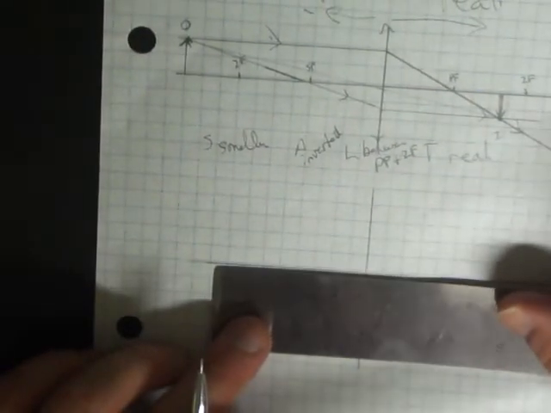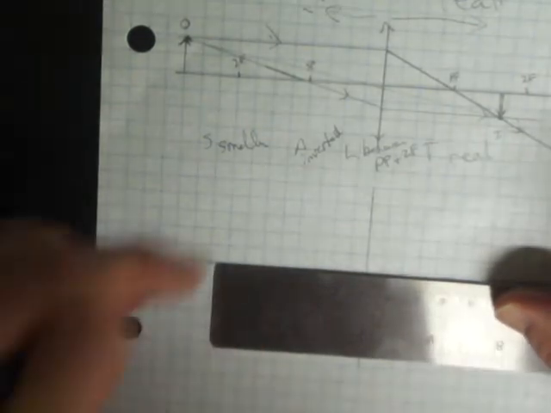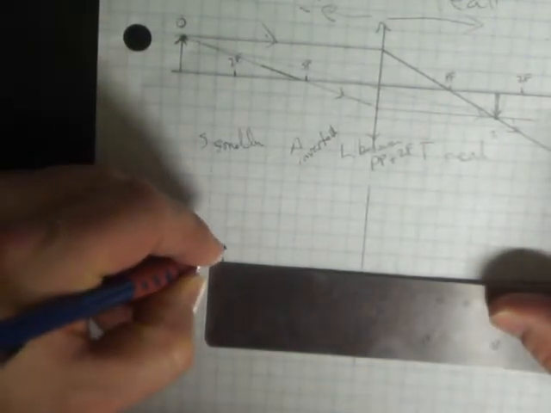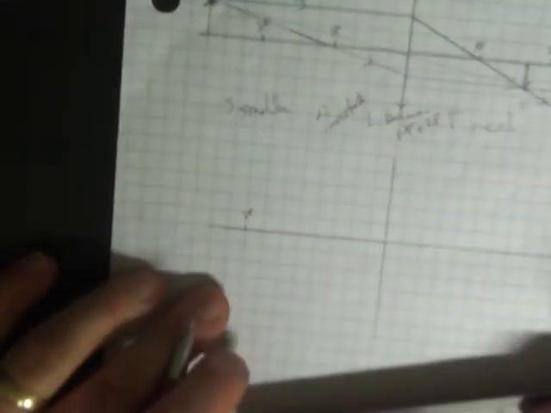And please do the SALT for each one of your examples that you do. Terrible. My principal axis isn't even on a line.